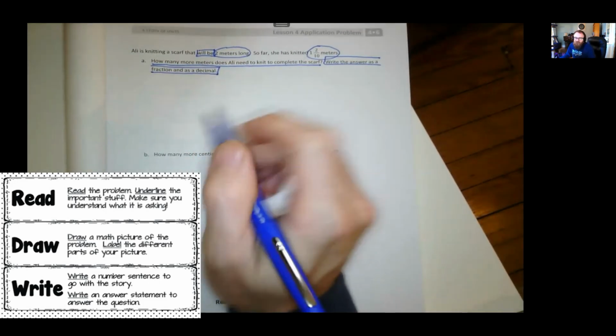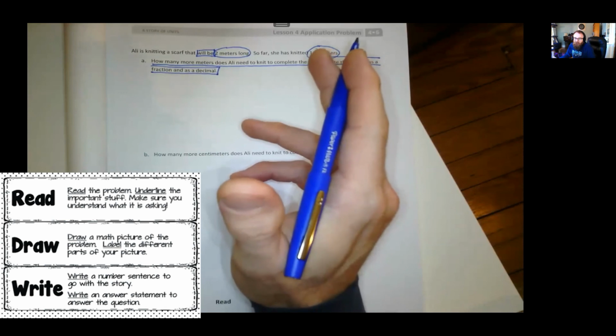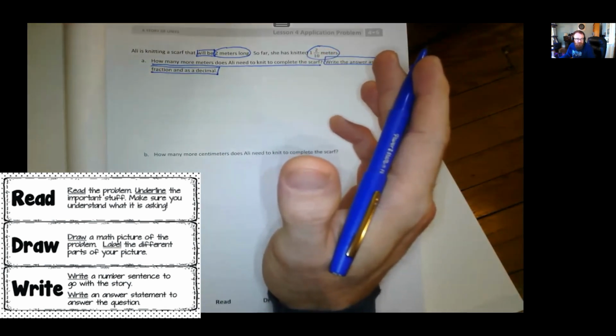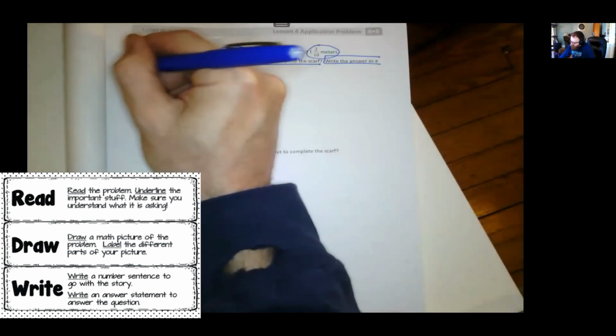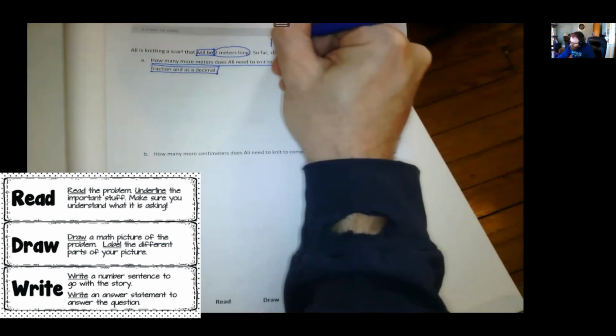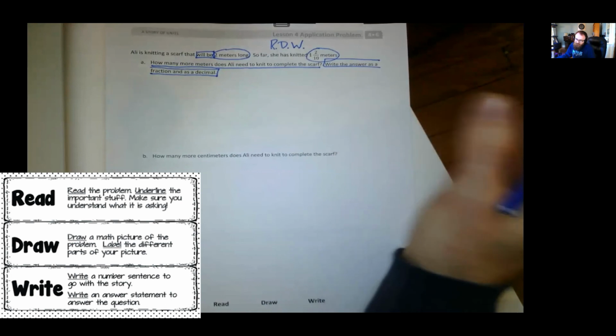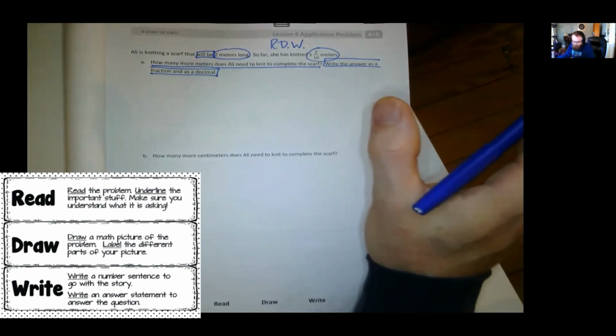There are 2 ways you can represent this problem. Remember we're using cubes, but we're also going to use RDW to read, draw, and write as we find the solution. So we've read and we've used cubes, right? Using cubes as part of the R. Now we are going to draw.